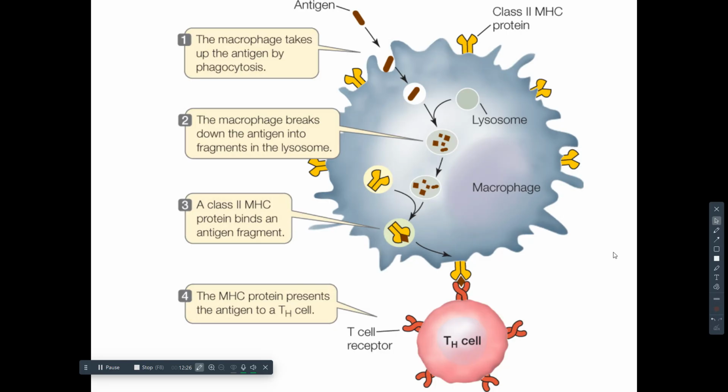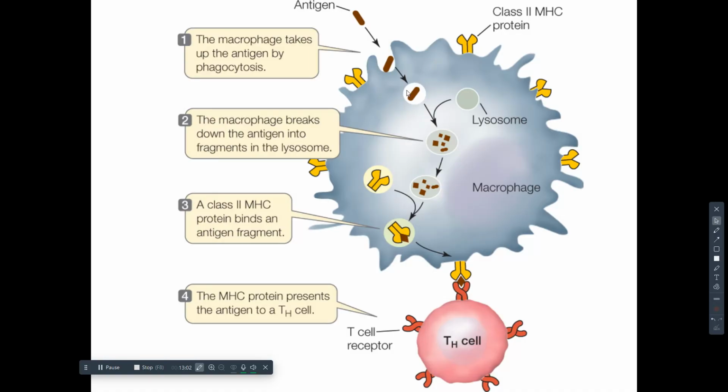So here we see a macrophage, and of course a macrophage is an antigen-presenting cell. Here is an antigen right here. It is foreign. That's all the macrophage cares about. Now notice the macrophage, he's an antigen-presenting cell. So on his surface, he's got these class 2, these type 2 MHC proteins. The macrophage is sticking out its pseudopods to begin with the engulfment, the phagocytosis.